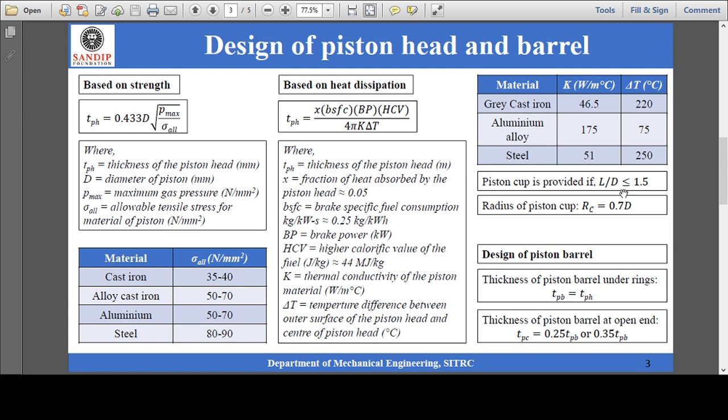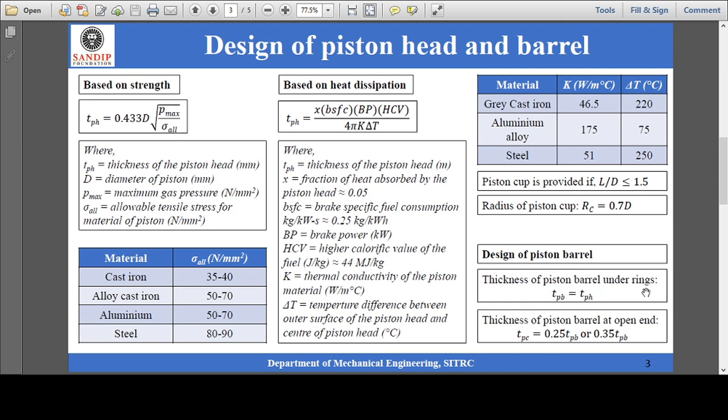If L by D is less than or equal to 1.5, a piston cup has to be provided, and the radius of curvature of the piston cup is calculated by the formula RC equal to 0.7 into bore diameter. The piston barrel can be designed by using this empirical formula.